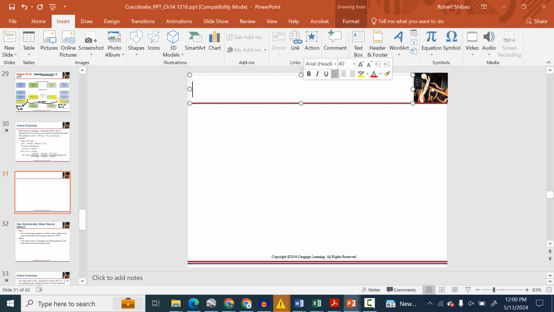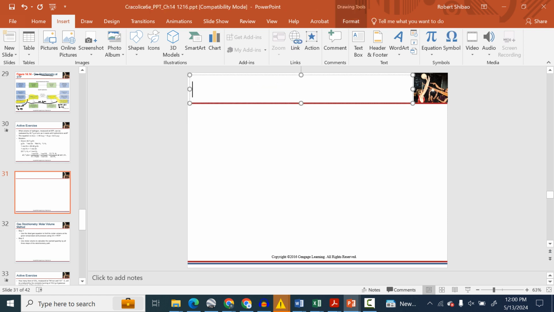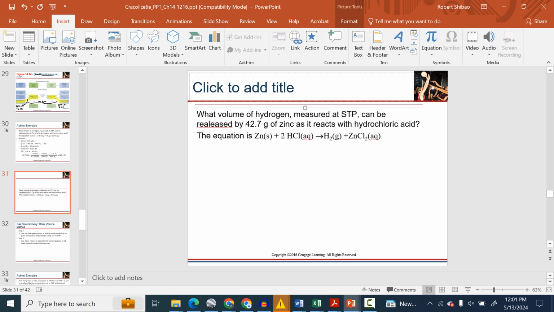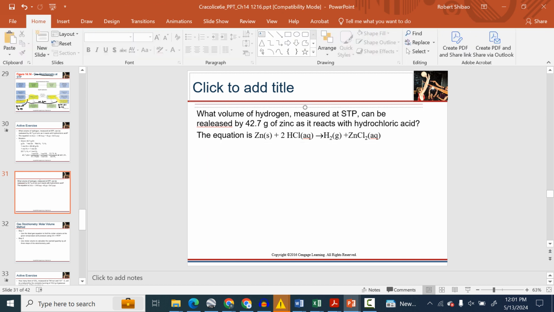Unfortunately, I have those memorized, but I'm not going to use them. So what we're going to do is we're going to redo this problem here. But we're going to change it from STP to RTP.